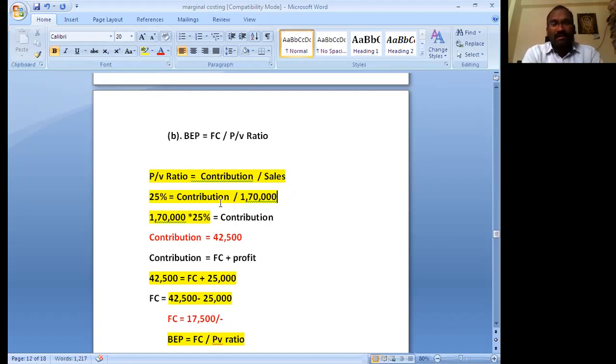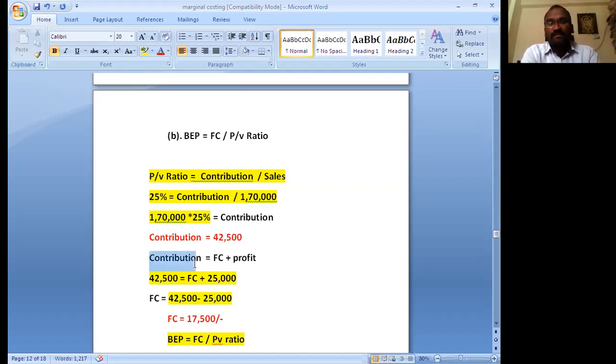So contribution divided by 1,70,000. This 1,70,000 goes to the right side and you multiply: 1,70,000 into 25% gives 42,500. So 42,500 is the contribution. Now use the formula contribution equals fixed cost plus profit.